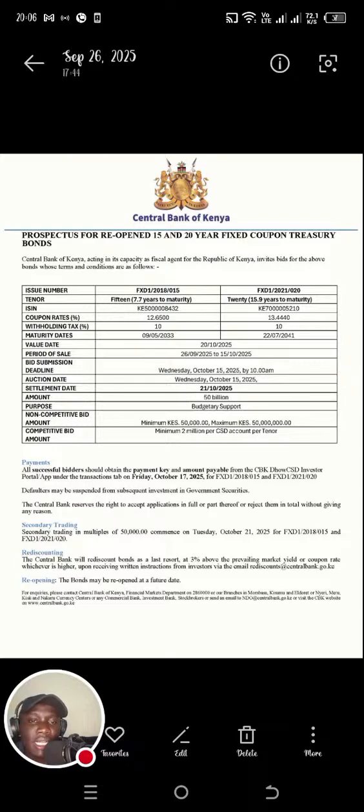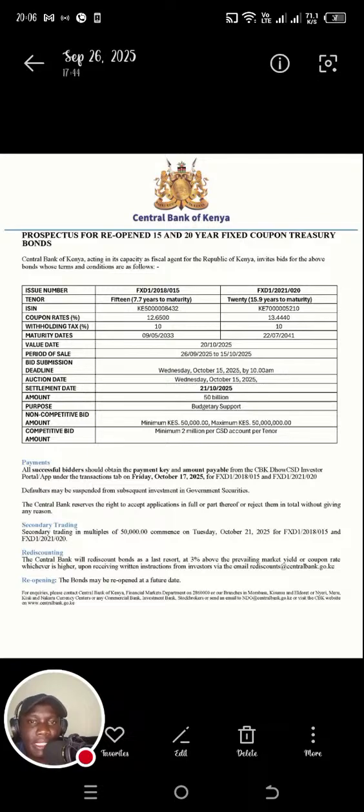It is usually that particular day by 2 p.m. So if your bid was successful, you are given a payment key, and by 2 p.m. on the 21st of October 2025, your money ought to have reached the Central Bank of Kenya. It is important to understand that it is you that will transfer the money to the Central Bank of Kenya. It is not the Central Bank of Kenya that will deduct the money from your account.